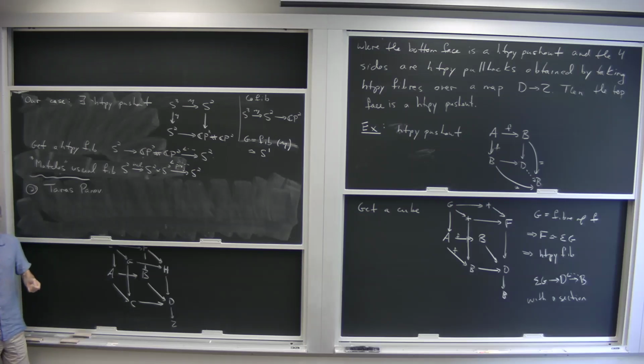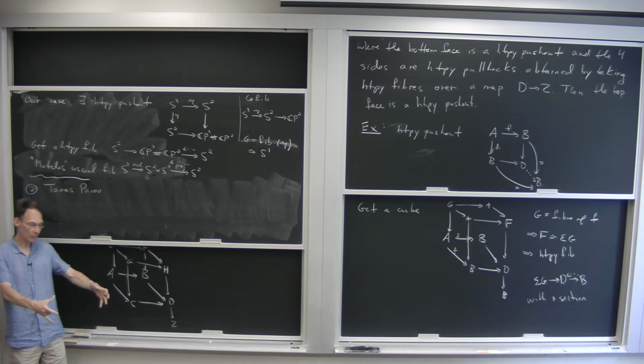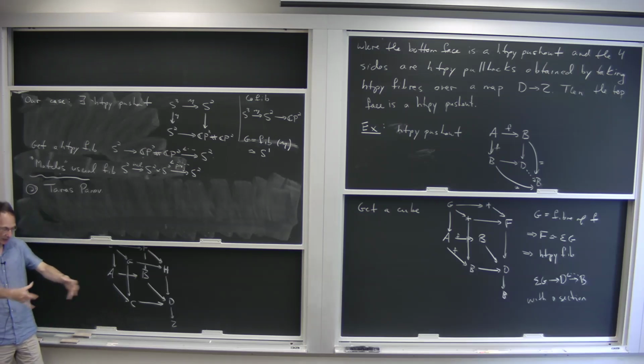And Gitler and López de Medrano generalized this. So for example, if they start with a cube, thinking of it as a simple polytope, you can cut off any number of vertices, look at the corresponding moment angle manifold, and that's a connected sum of a large number of products of two spheres.